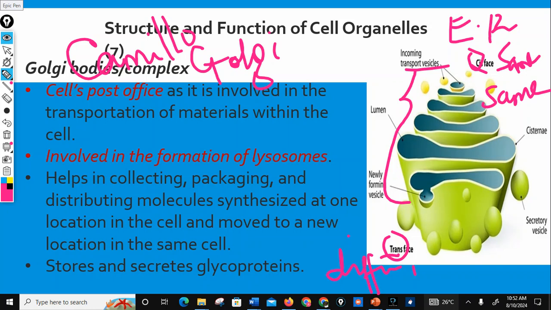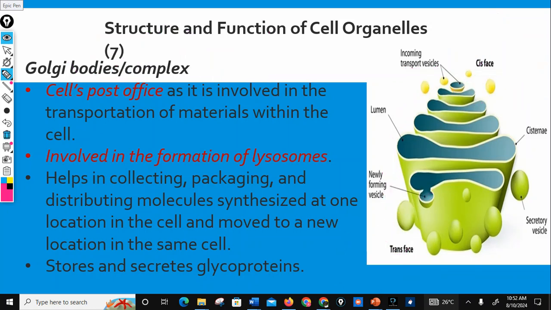So it can process substances in the trans phase, that is, if the stuff enters through this place and goes out through the other direction, or in the cis phase, where it enters and goes out through the same direction. That is what the trans and cis phase of processing of substances by the Golgi apparatus or Golgi complex is about.